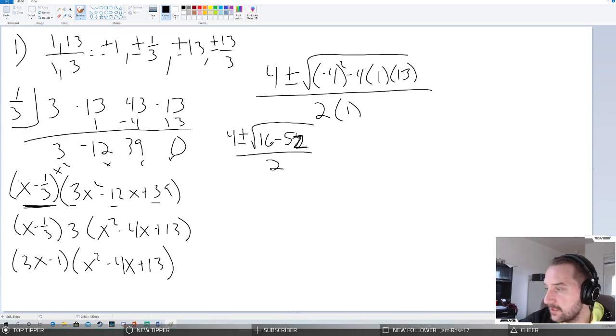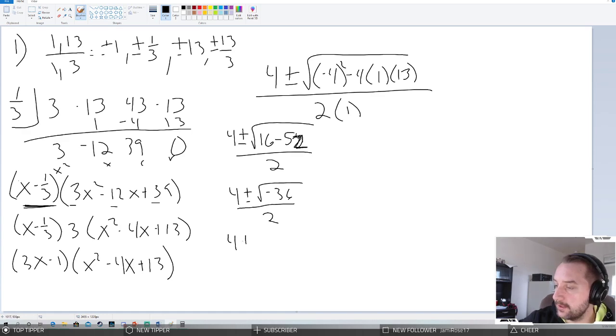So 26 times 2 is 52. And so now I've got to just subtract that. So 16 minus 52 gives me negative 36, which is 4 plus or minus 6i over 2. And then the 2 divides into both, so I get 2 plus or minus 3i.